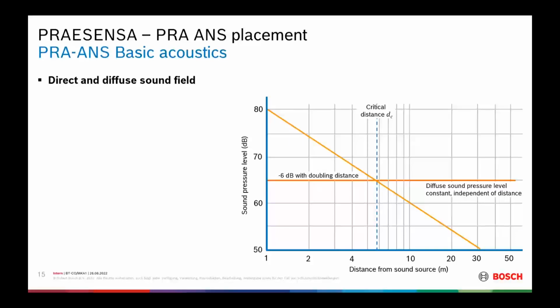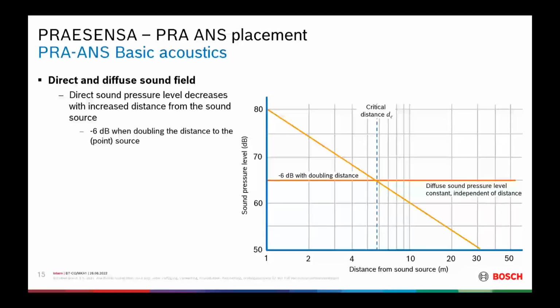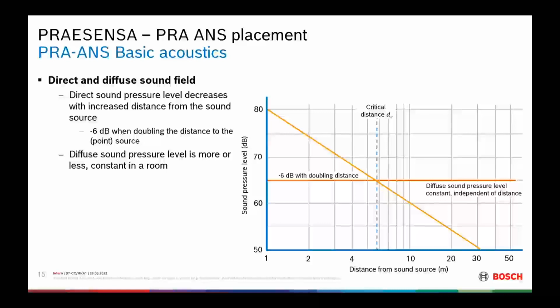So when I have those two fields here, indicated by the two orange lines, my direct field decreasing with 6 dB per doubling of the distance, and my constant diffuse sound field on the other side created by the reflections in the room, I come to a certain point where those two are equally loud, and this is called critical distance.